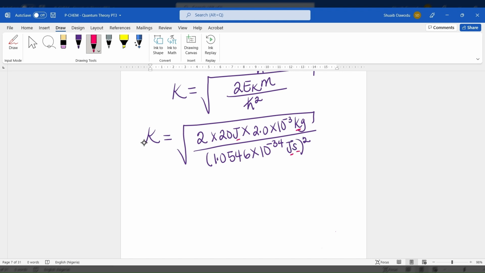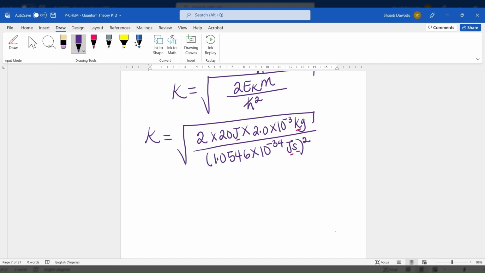And we know that for the value of k, we want our answer. By the way, the unit for k is usually 1 over meters. 1 over meters is what we want the units to be. And in this case, there's no other way we're going to be able to get 1 over meters, because we don't have anything in meters.